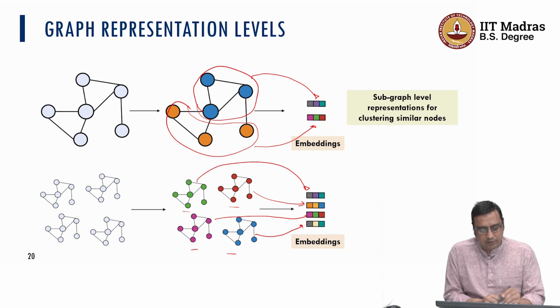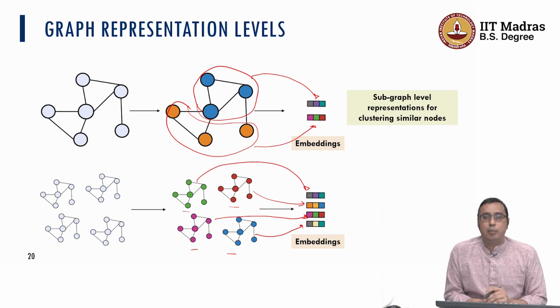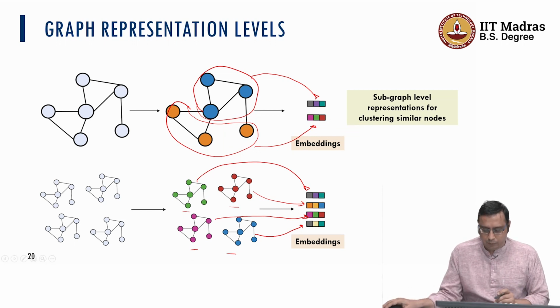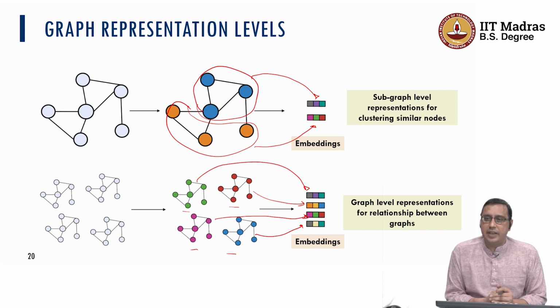Remember the molecular property prediction task, in which each molecule is a graph, and for each of them I have an embedding, and then I can do graph level representation for different applications, for relationships between graphs, or for finding out, given a graph, what is the property of that particular graph.